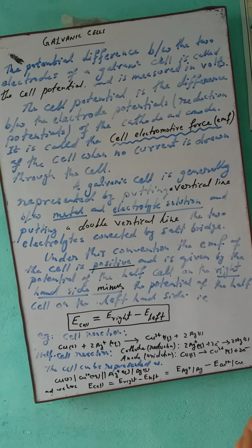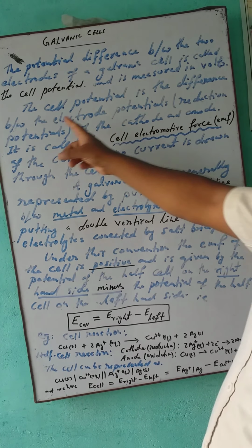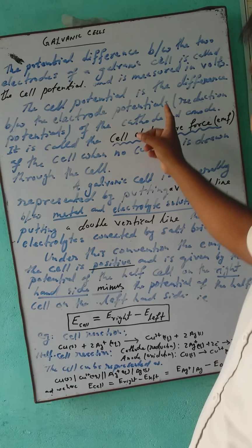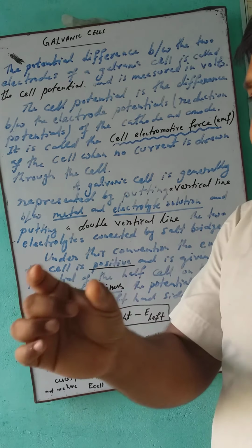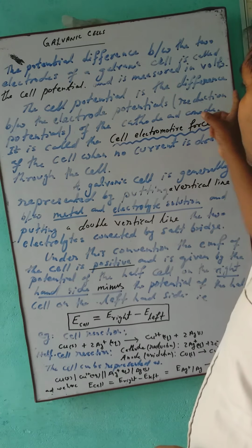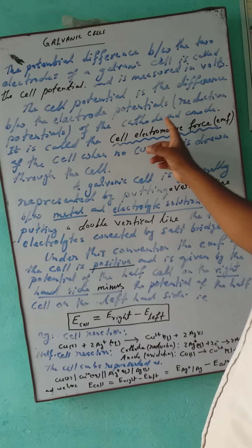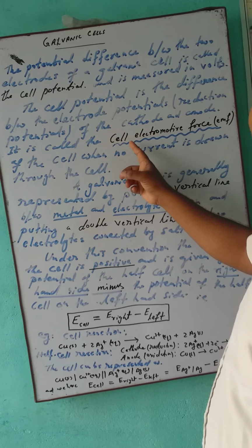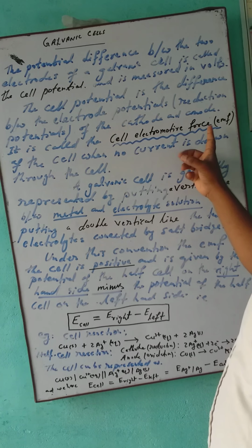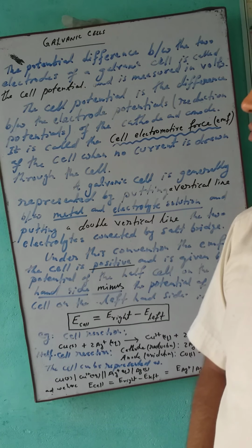So dear student, the cell potential is the difference between the electrode potentials. As we know from IUPAC nomenclature, it is taken as the reduction potential of the cathode and anode, and it is called cell electromotive force, that is EMF.